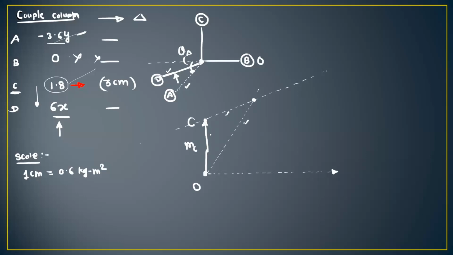So for the couple polygon, the closing side will give the answer for these unknown values. So minus 3.6 into y, and next is 6 into x.